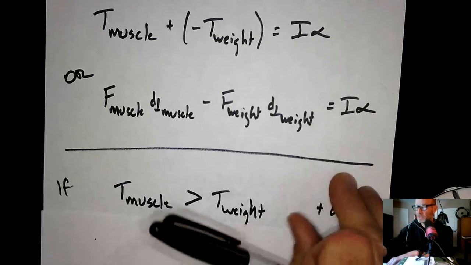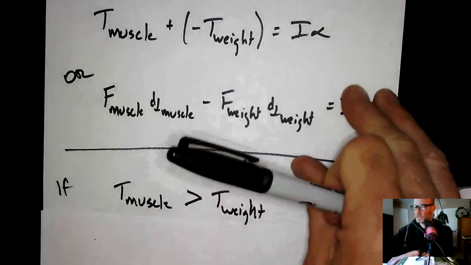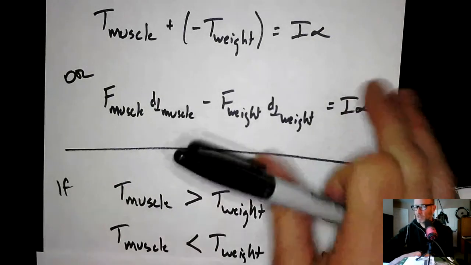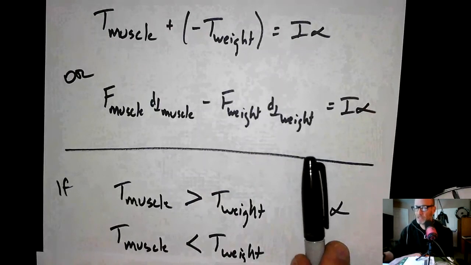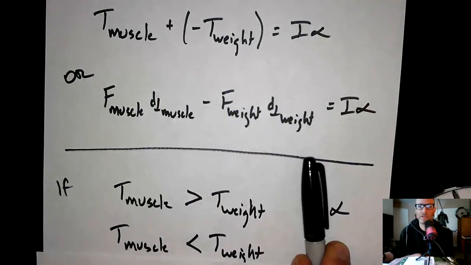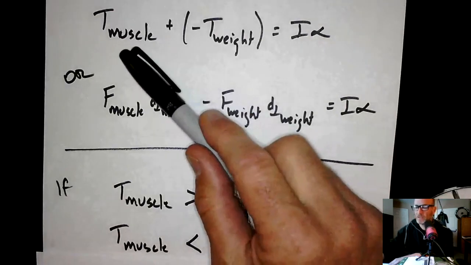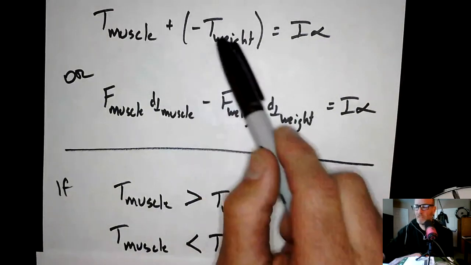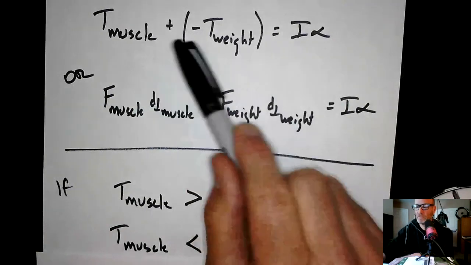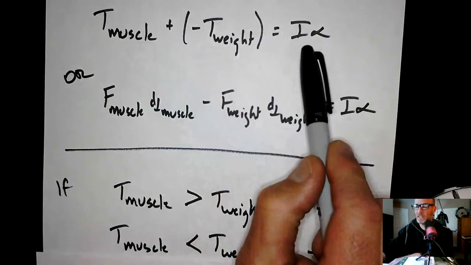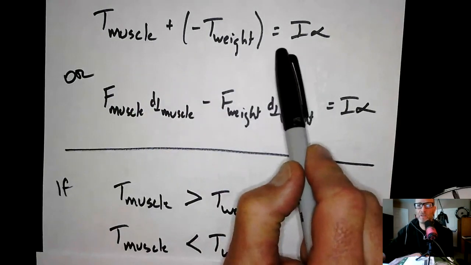All right, what happens to the direction of this angular acceleration vector if the torque due to the muscle is less than the torque due to the weight? If you just look at the equation, if this is 50 newton meters and this is 100 newton meters, 50 minus 100 is going to be a negative product on this side of the equality sign.